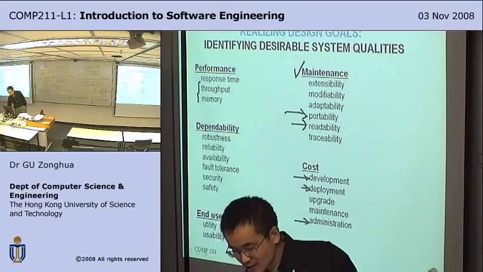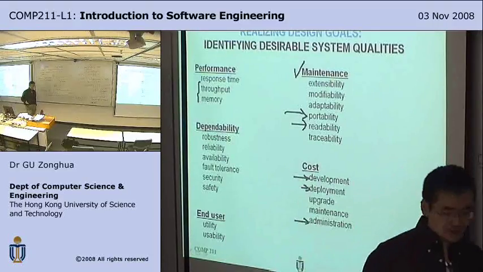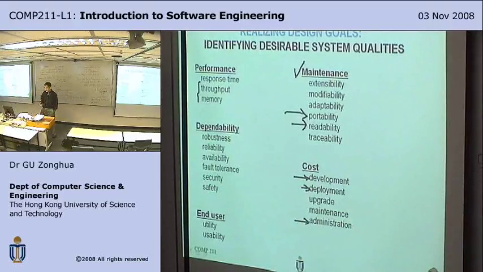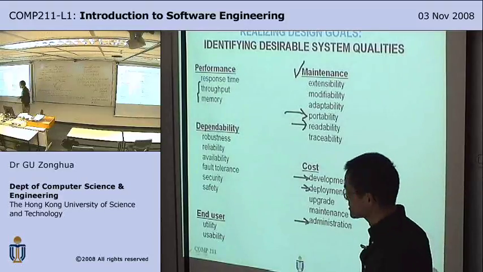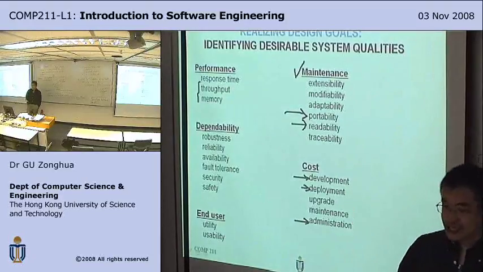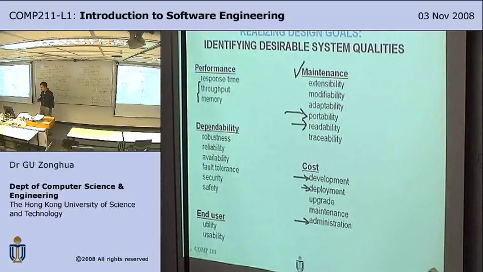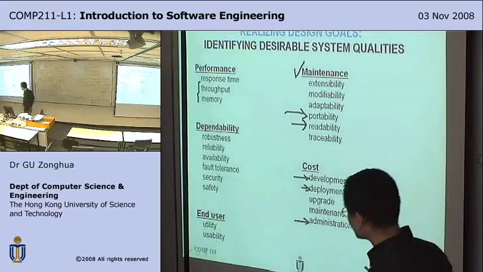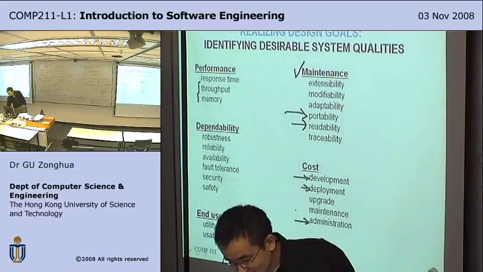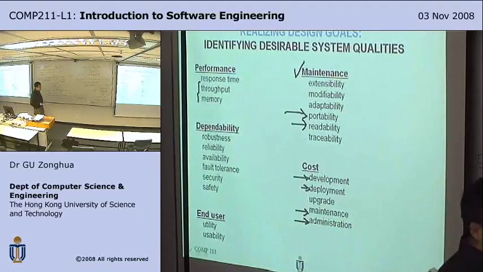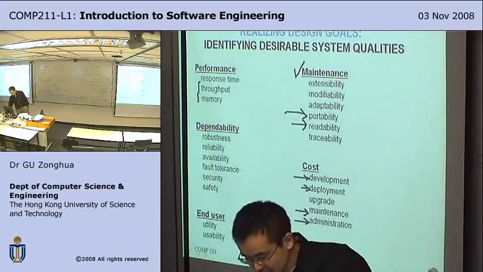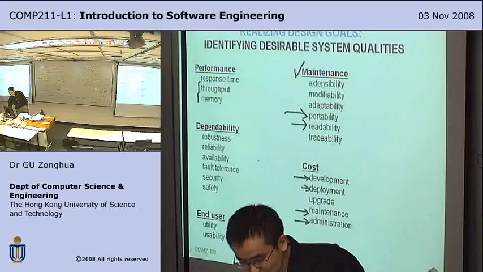Administration cost. Is your system very easy to use so that the user can really use it himself, or is your system so complex that you need dedicated IT staff to help you do the administration? And maintenance, that is new upgrades to the system, downloading software patches, etc. So all these represent costs.